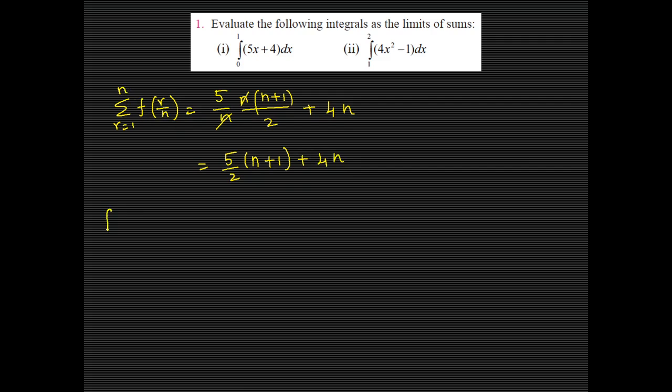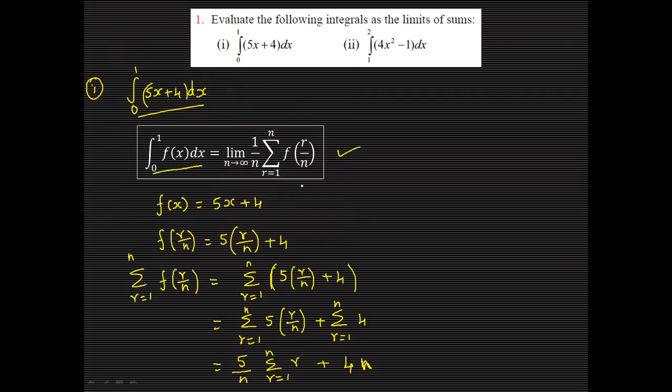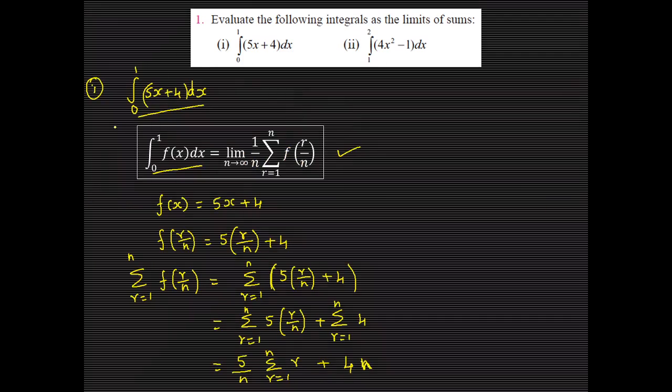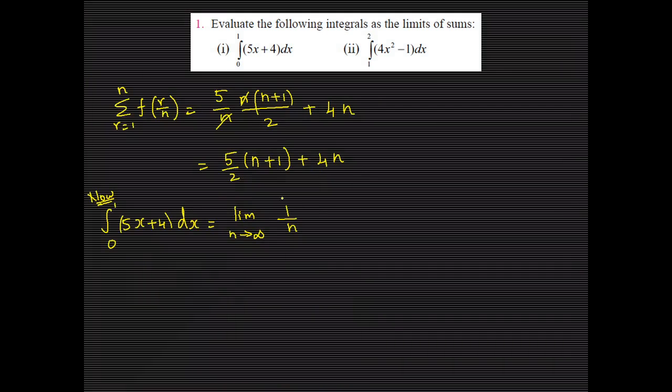So now we are taking the integral. Integral 0 to 1 of 5x plus 4 dx, we are using this formula. So limit n tends to infinity 1 by n. So you write limit n tends to infinity 1 by n, and that summation value, summation r is equal to 1 to n f of r by n, that value is 5 by 2 into n plus 1 plus 4n.